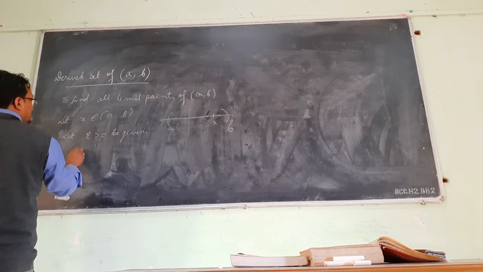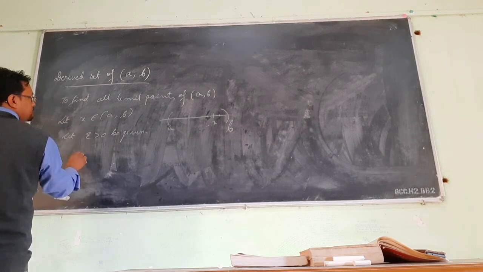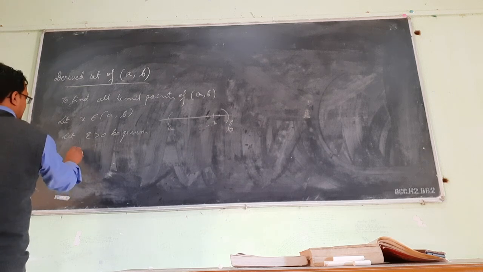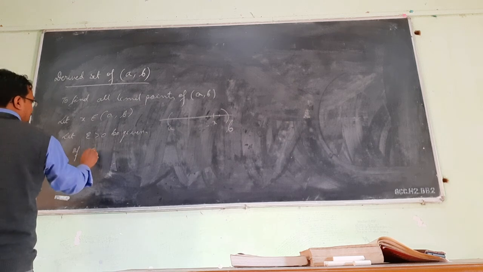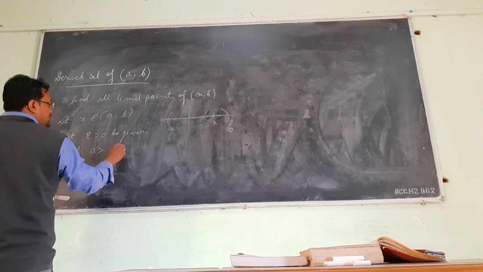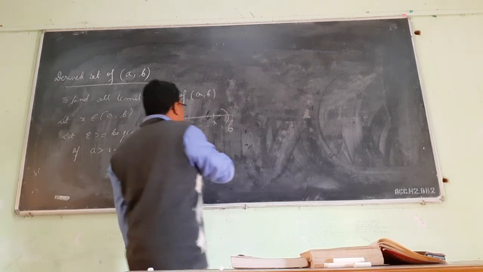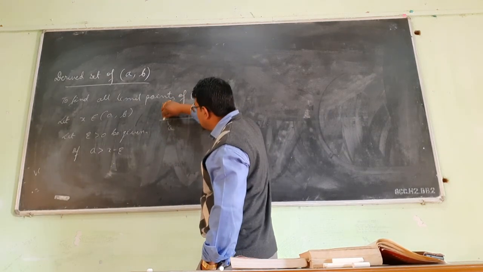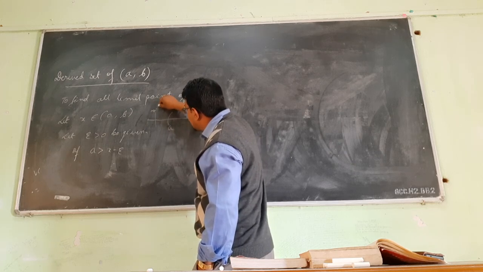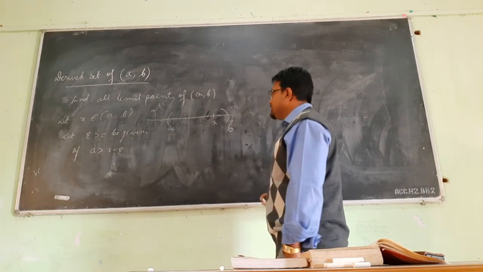So we have, if a is greater than x minus epsilon. Okay, so it may happen that x minus epsilon is somewhere here. It may happen like that. x minus epsilon may be somewhere here.